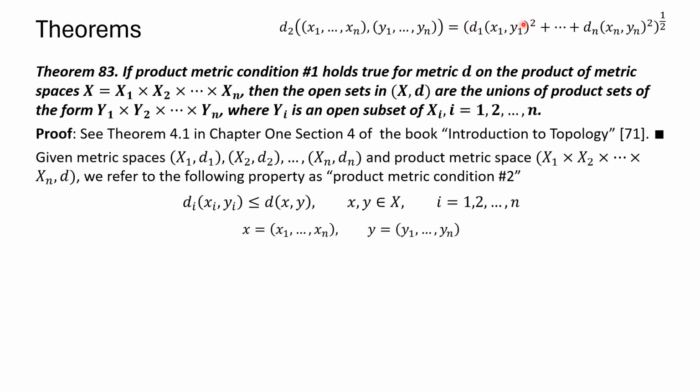And you can see that because already if you take the square root of just this one term, you're going to get the distance between x1 and y1, but then you have all this other stuff added in. So the distance between x1 and y1 is going to be less than this here, and the same for any of the individual terms. So this holds for all the p norms. I just showed you one example.